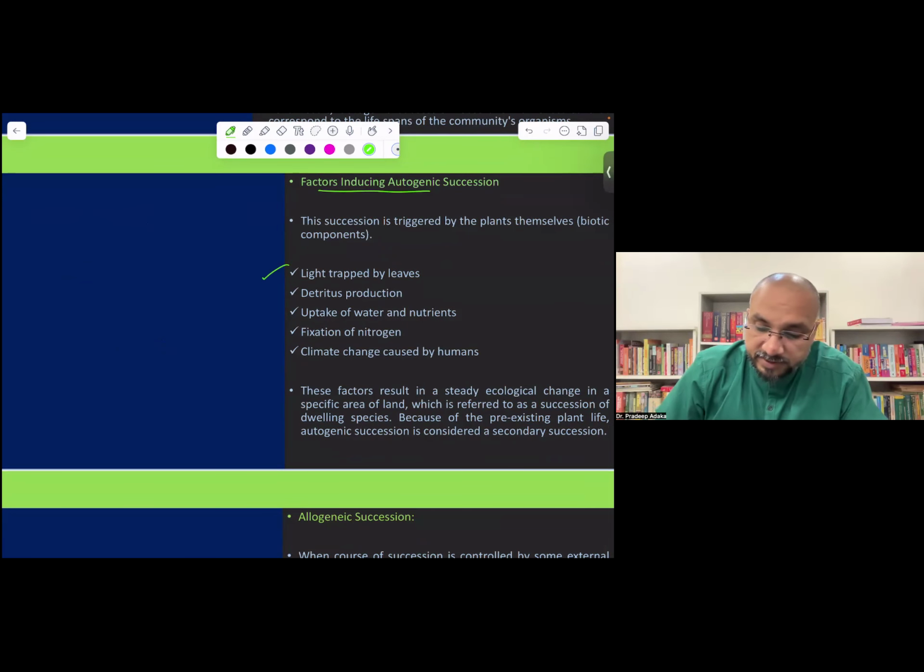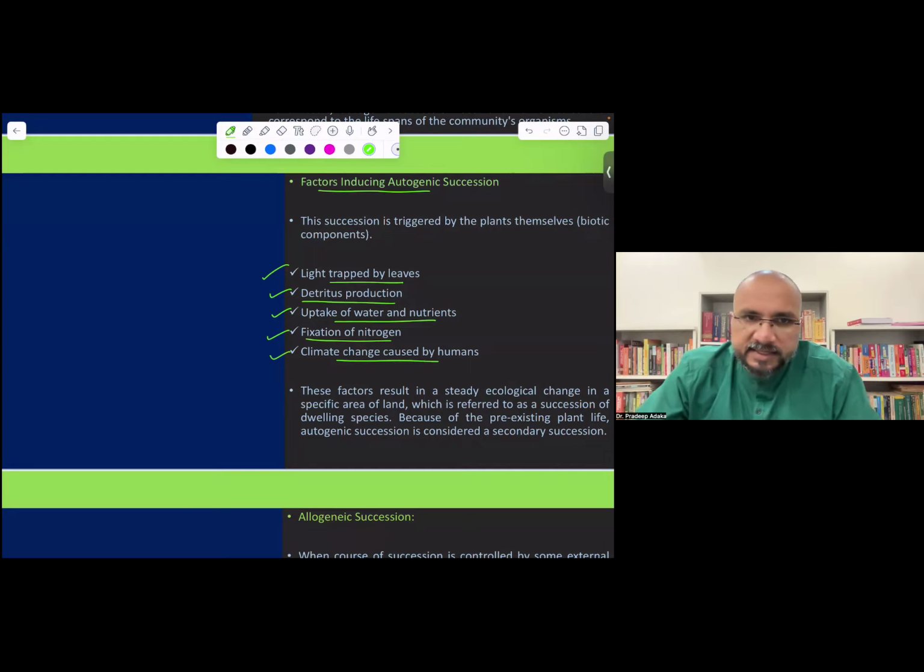So factors inducing autogenic succession, ये internal factors जो बोल रहे हैं क्या है? So light trapped by the leaves, detritus production यानी organic matter, litter production, uptake of water and nutrients, fixation of nitrogen, right? Microorganisms can fix nitrogen. Climate change caused by humans, हम लोग भी तो biotic factor के अंदर ही आते हैं, right? So these factors result in steady ecological change in a specific area of land, which is referred to as succession of dwelling species.